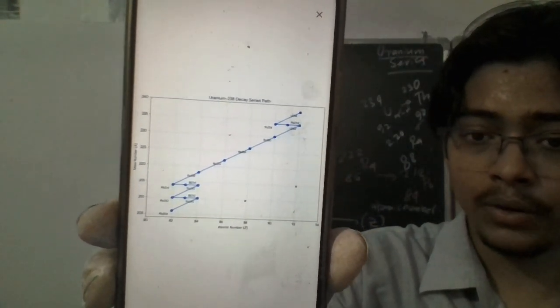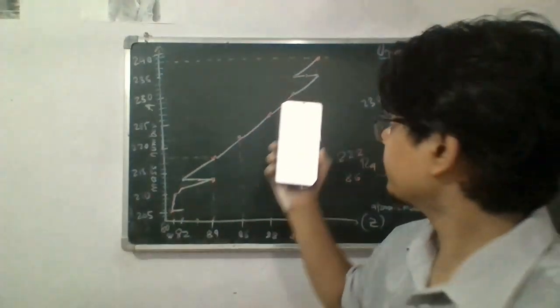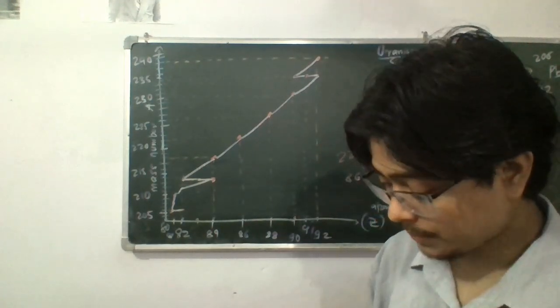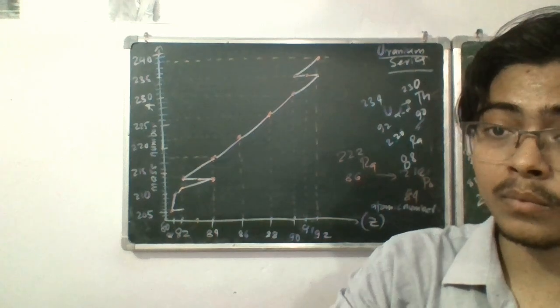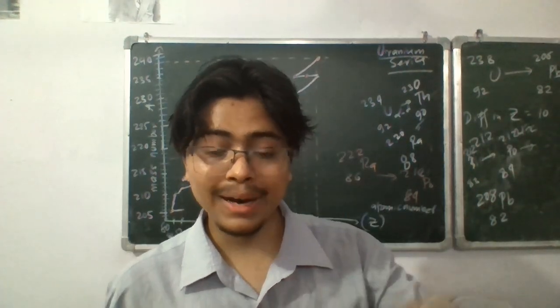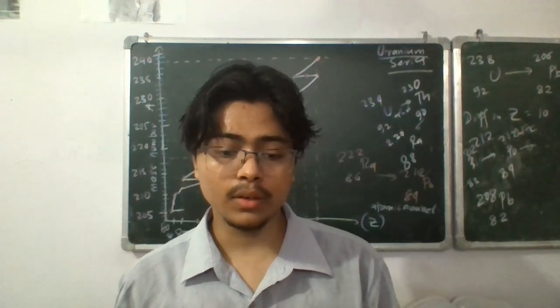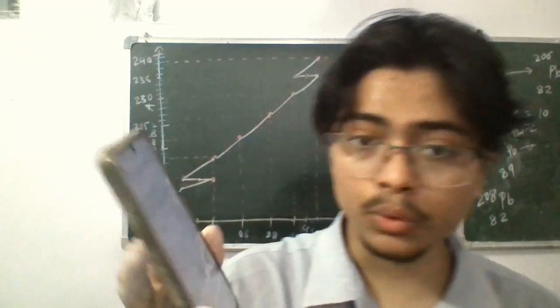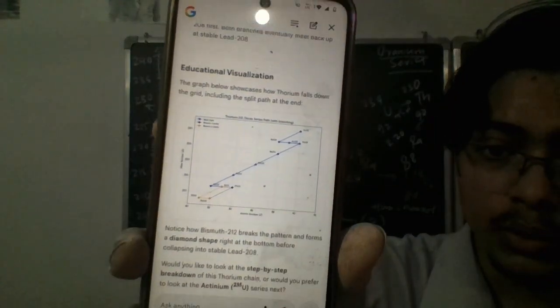Okay, now if you remember this, then it will be very easy for you to understand and to remember this uranium series. Now if you see other series and the paths of other series, it would be a little bit different. So for example, if you want to see the thorium 232 decay series, it would look something like this.